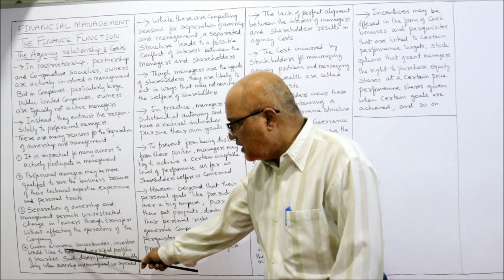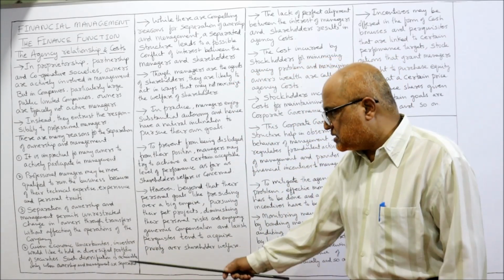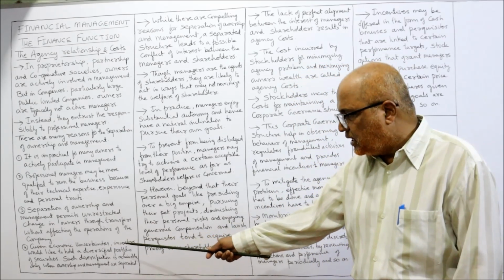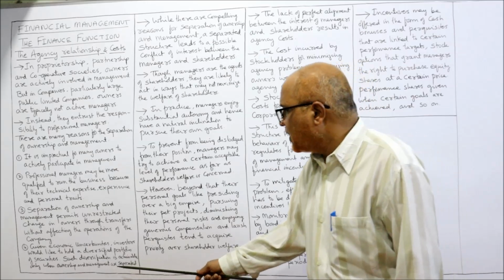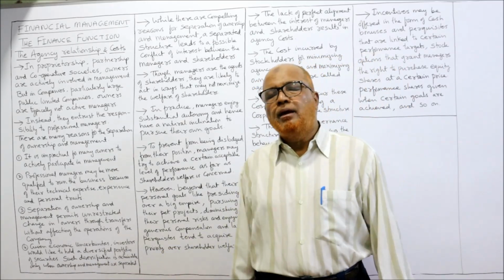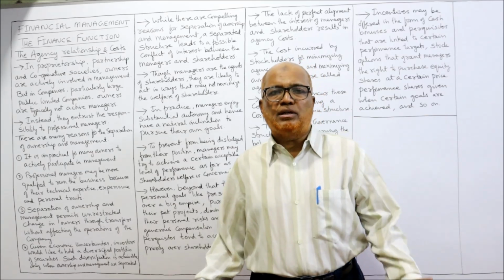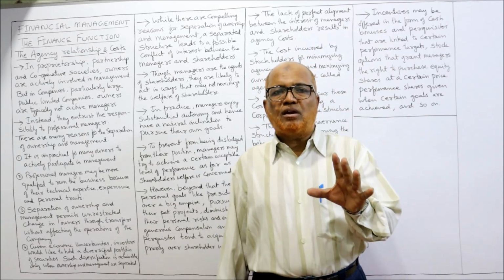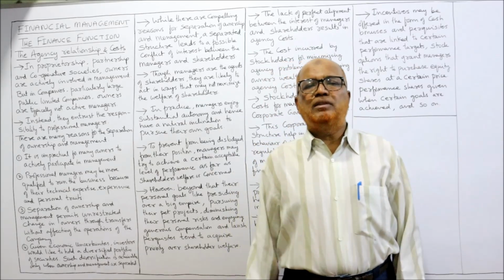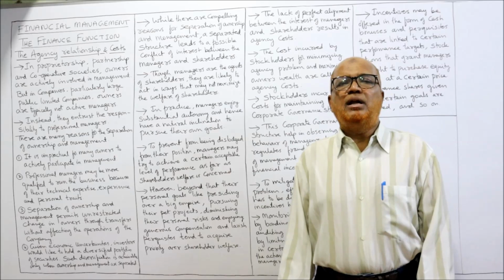Given economic uncertainties, investors would like to hold a diversified portfolio of securities. Such diversification is achievable only when ownership and management are separated. Now see here. Nowadays, due to economic development, no investor wants to invest all their funds in one company. They will make a portfolio.